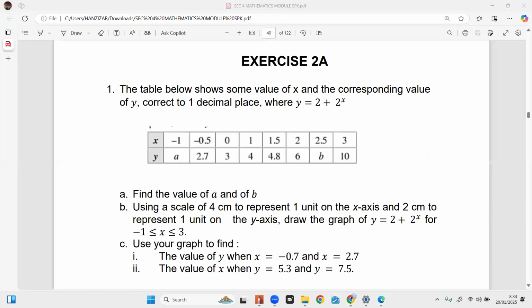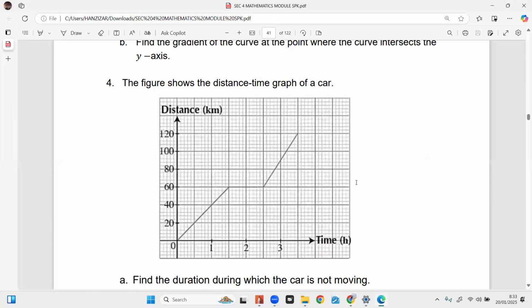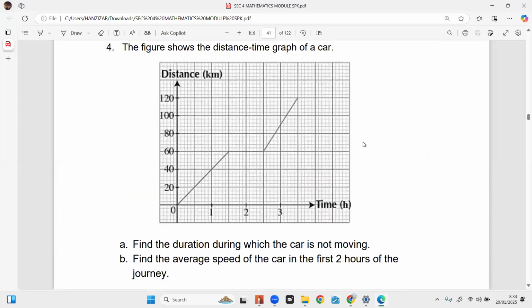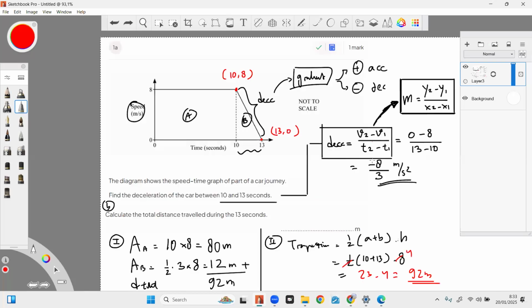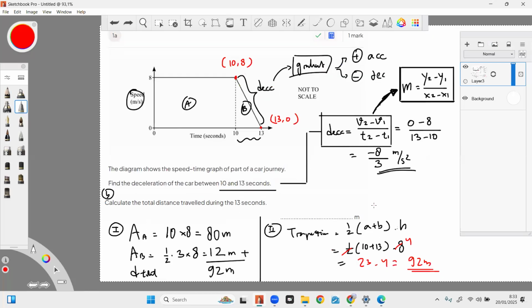The deceleration and acceleration is always the gradient for the speed time. For distance time, the gradient is distance over time, which is speed. For speed time, speed over time is acceleration. Shall we continue? Okay, next.